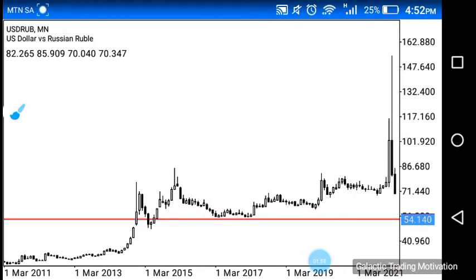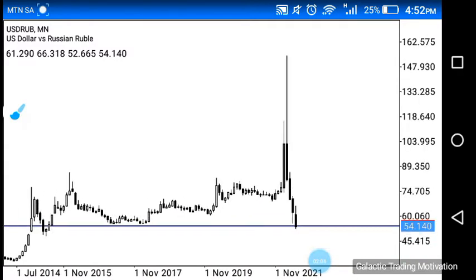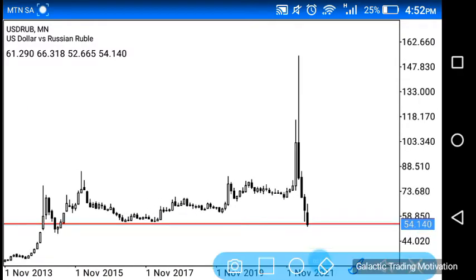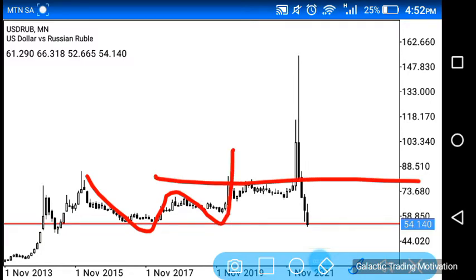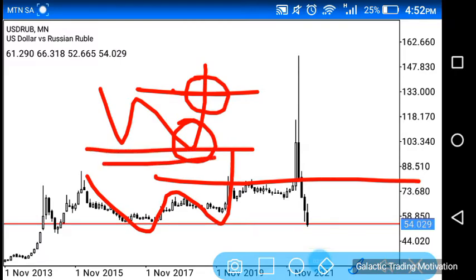So, because we have a W structure, just bear with me, guys. Let's see. All right. Because we had a W structure here with the neckline being there, when it comes to W formations, what normally happens is that a lot of traders and investors buy on the second leg of the W structure, as well as on the break of the neckline, putting their stop losses just below that W structure.